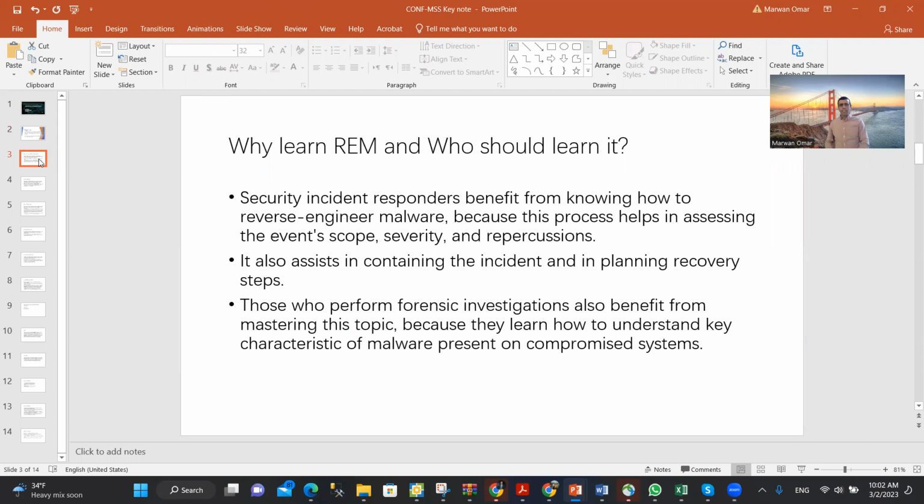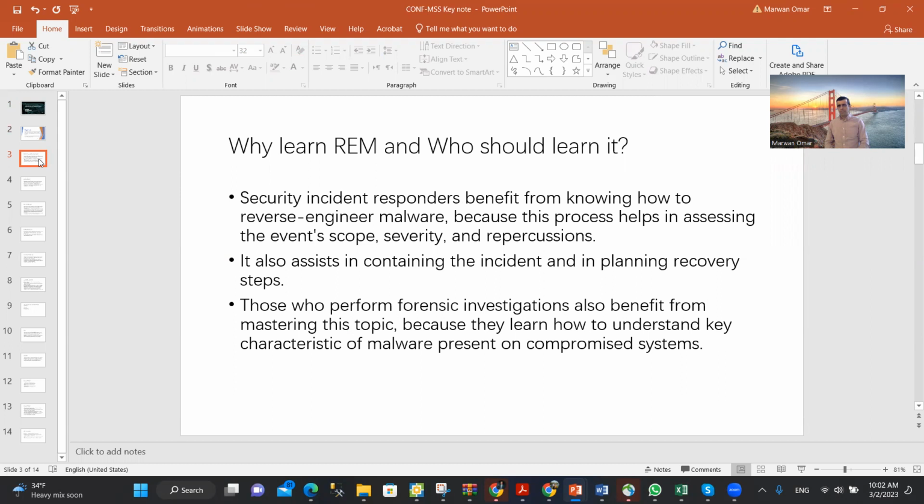So why learn REM, or reverse engineering malware? We use the acronym REM, which stands for reverse engineering malware. Reverse engineering malware is an important skill to learn for cybersecurity professionals, because these days many business organizations face cyber attacks.